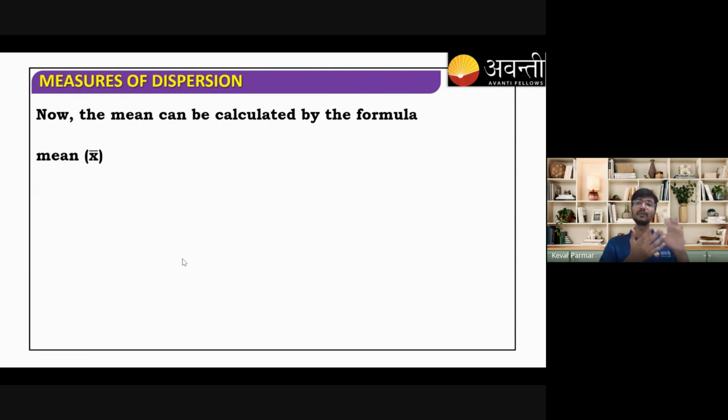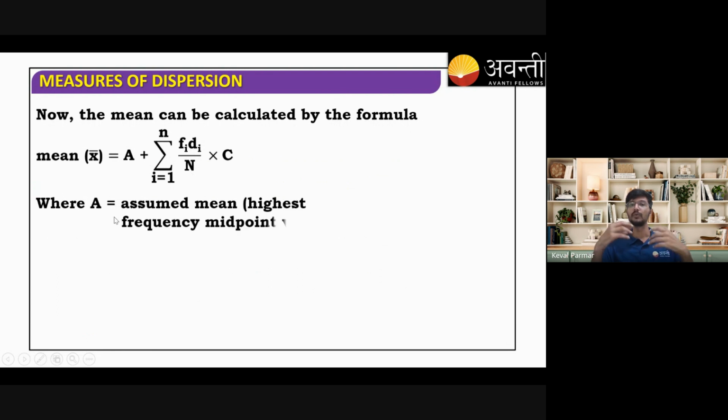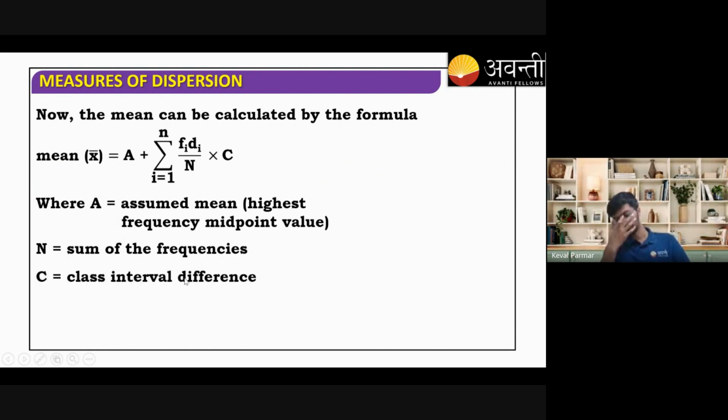We can calculate the final mean by this formula, which is A plus summation Fi di upon n into C. A is the assumed mean, which we assumed at the start of the question. N is the same, the number of observations or frequency. C is the class interval.